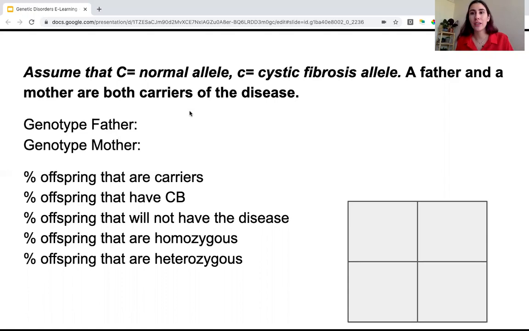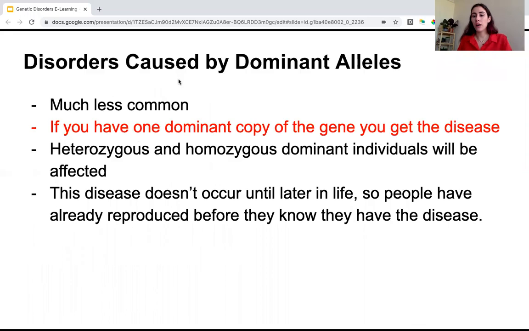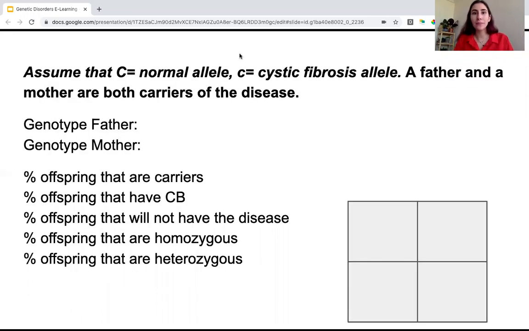The question tells you that the uppercase C is representing a normal allele, and the lowercase c is representing having the cystic fibrosis disease. Again, having the disease is represented by a recessive allele, a lowercase letter, because it's a recessive disease. So if they're both carriers, then they must be heterozygous.